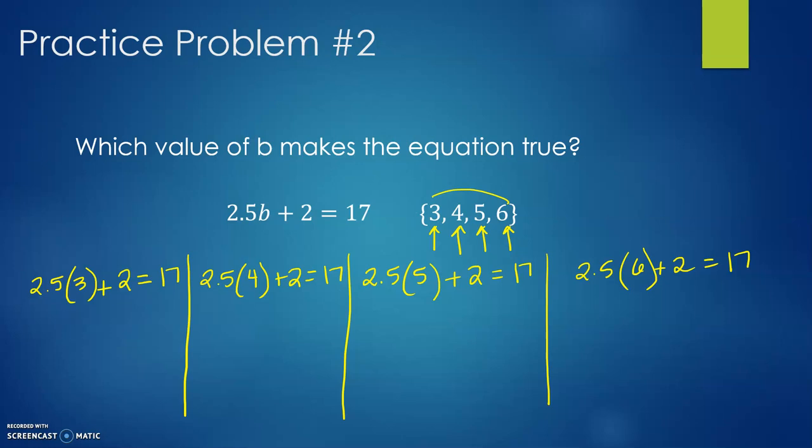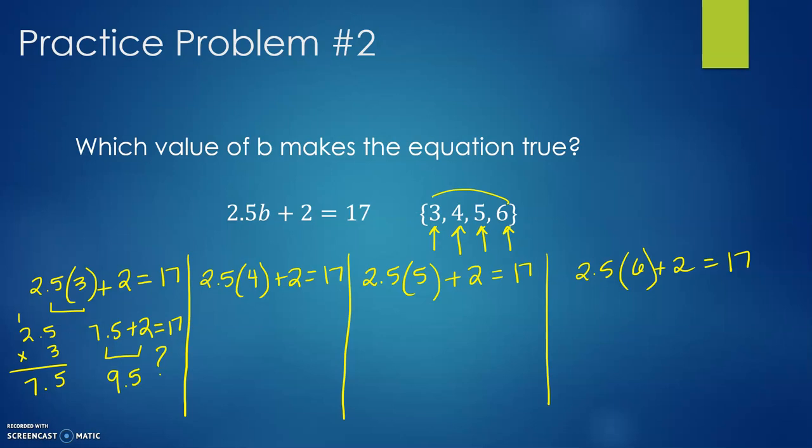So 2.5 times 3 is what I have to do first. Okay, that is 15. Carry, that's 6, 7. And then there's one decimal point in the problem, so there's 1 in my answer. And so this is 7.5. When you add 2 to that, does it give us 17? When you add those two together, it gives you 9.5.